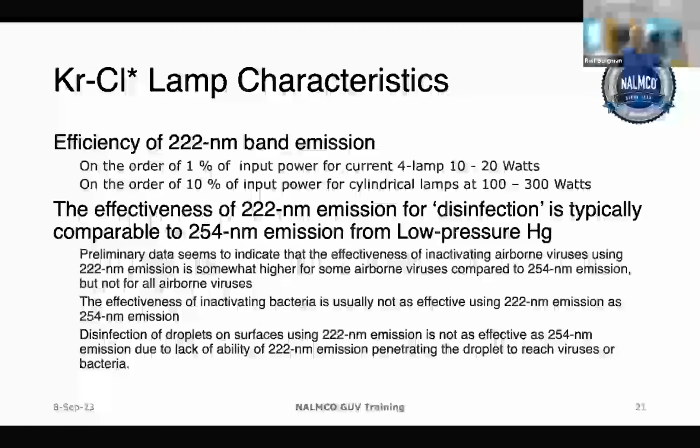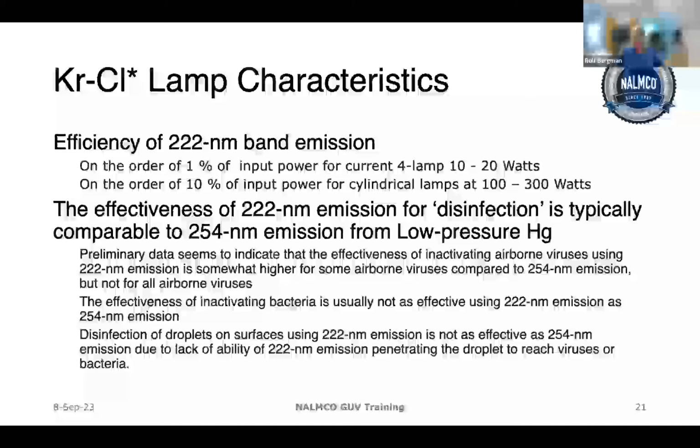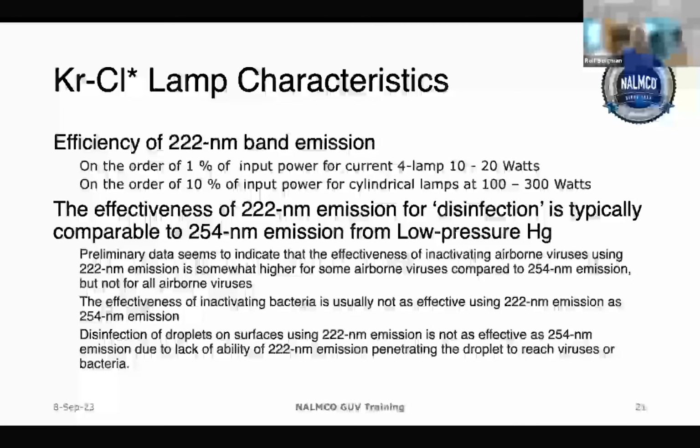So we mentioned a little bit about the disinfecting capability of 222 nanometer emission versus that of low pressure mercury at 254. For viruses in air, especially if the air is dry, the 222 is actually more effective.